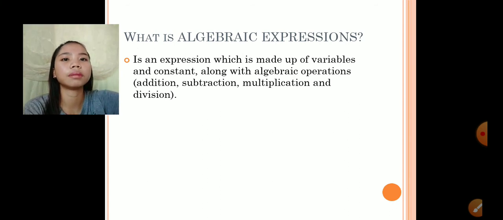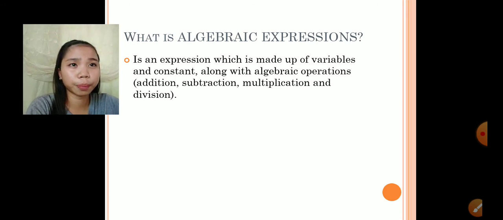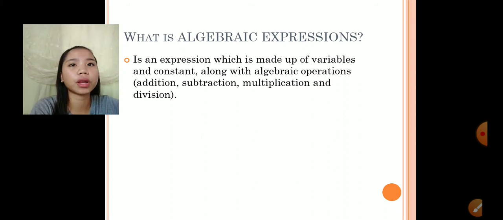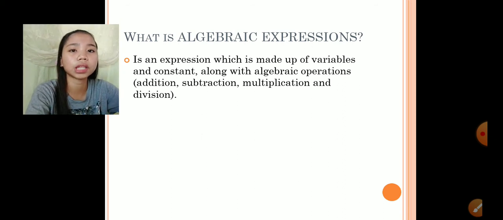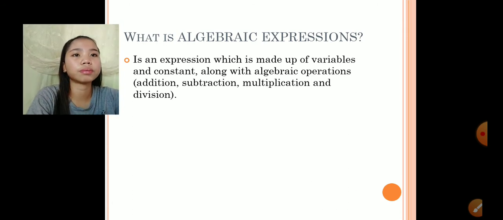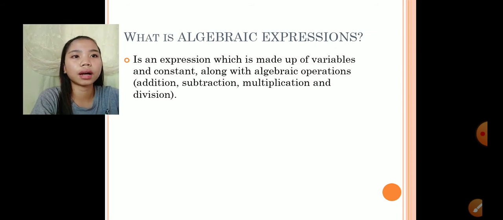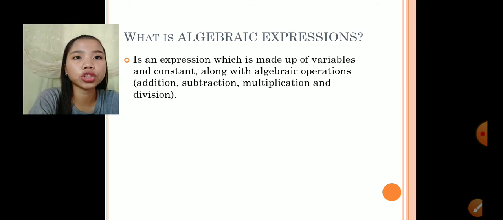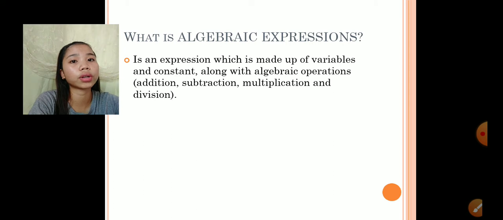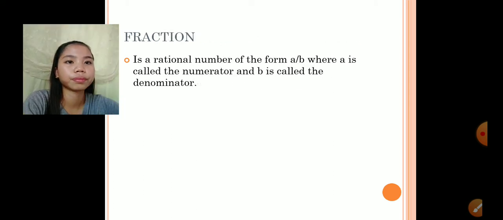On the other hand, an algebraic expression is a mathematical phrase. It's an expression that is built up from integers, constants, variables, and the algebraic operations. So, we can derive the algebraic expression for a given situation or condition by using this combination. So, let's proceed to the fraction.